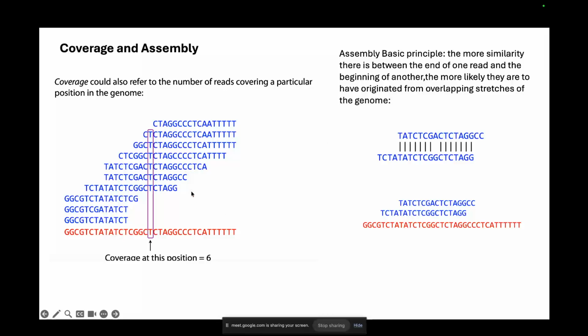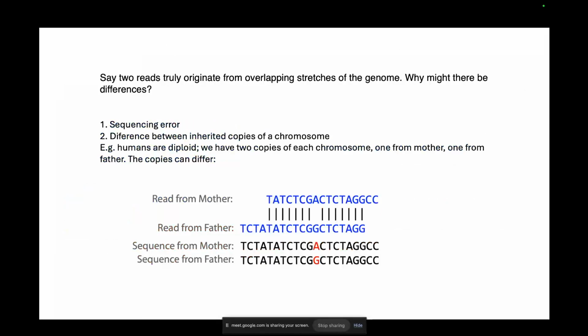Why do we have high coverage, 20, 30x coverage like that? Because the reads are overlapping with each other. So in assembly, the idea is the more overlap you have, the better assembly you are going to get, and the more overlap you have, the more likely that they have originated from the same overlapping stretches of the genome. That is the assumption that we go with.